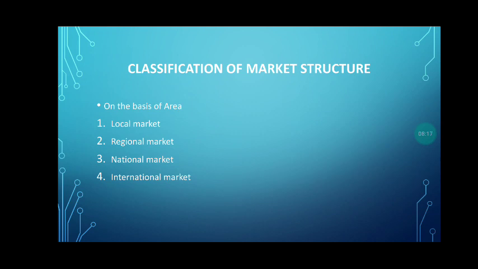Okay, the other one is national market. When we talk about the national market, of course it draws buyers and sellers from different areas, different states of the same nation. The boundary of the national market is the entire nation.